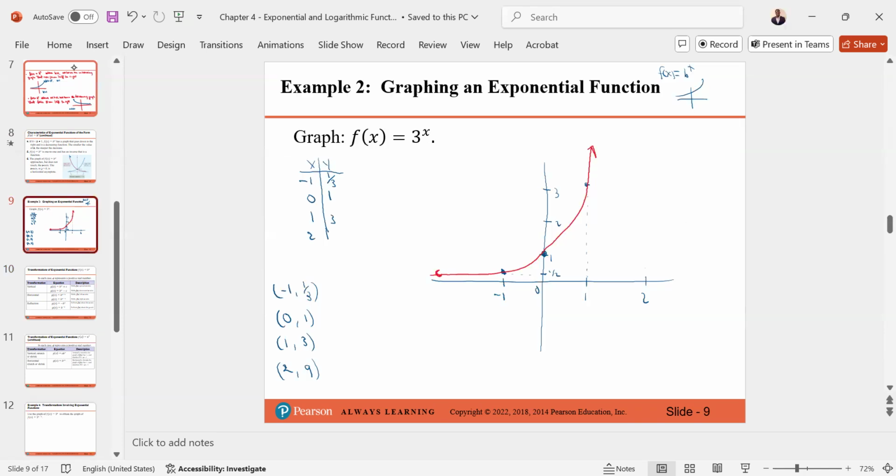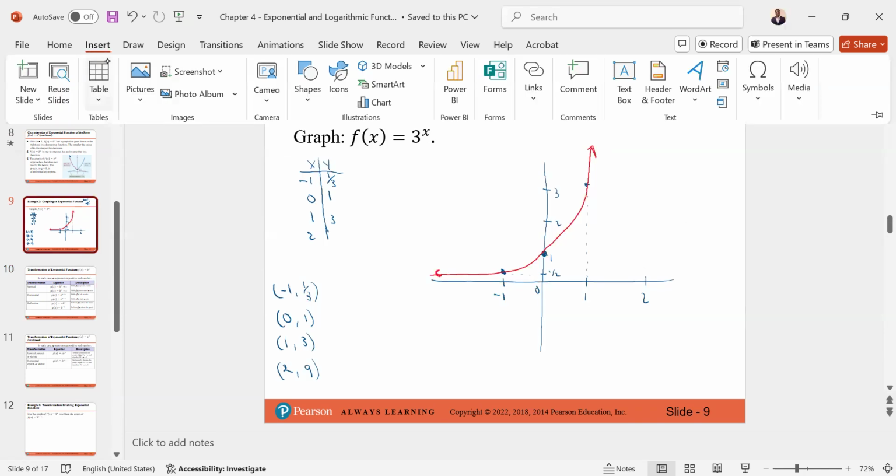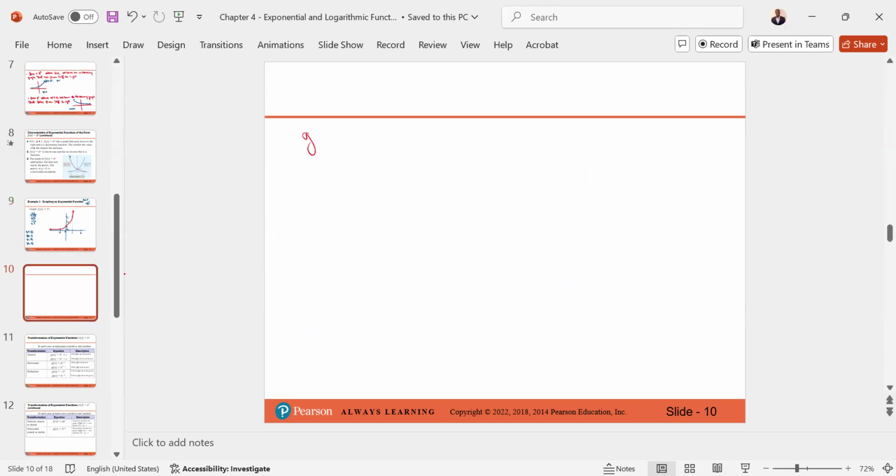Let's say, for example here, you can graph any of these functions. For example, if I said graph f of x equal 2 power x. First, you construct a small table where you say -1, 0, and 1. You know that would be 1/2, 1, and 2.